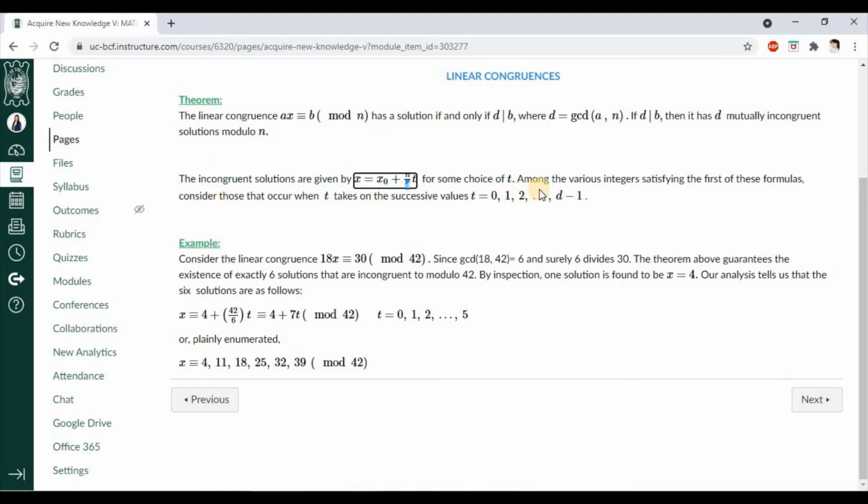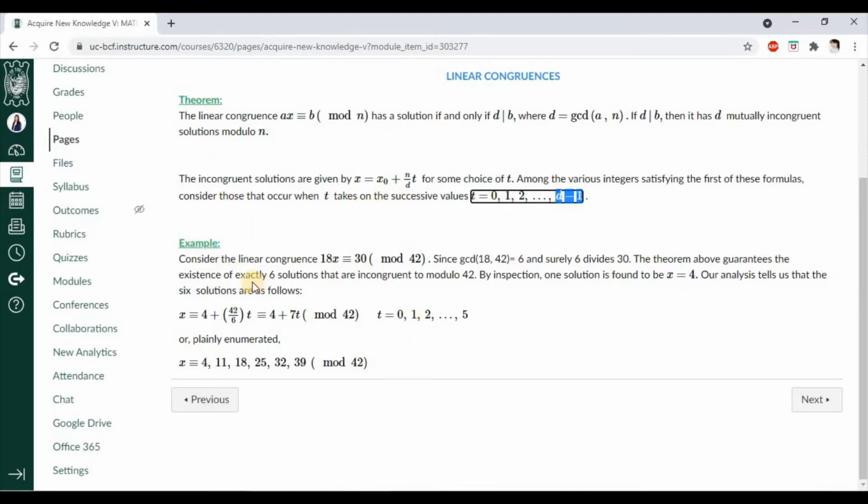Your t will take on the values 0, 1, 2, 3, until d minus 1. So, for example, your GCD is 5, d minus 1 is 5 minus 1, which is 4. So, 0, 1, 2, 3, 4. Hanggang dun lang yung t na isa-substitute mo so that you'll find the next solutions. Okay?